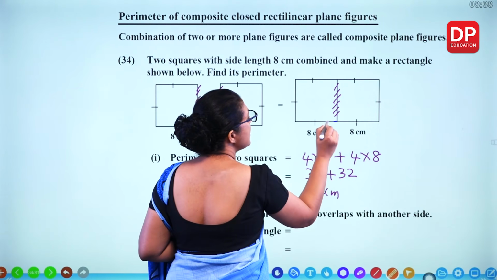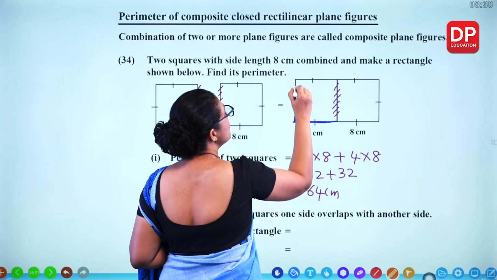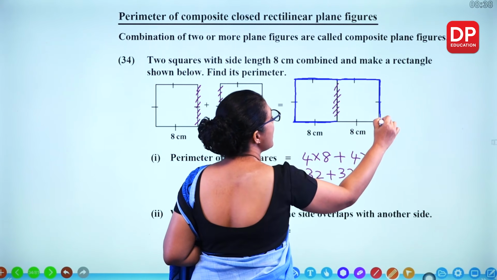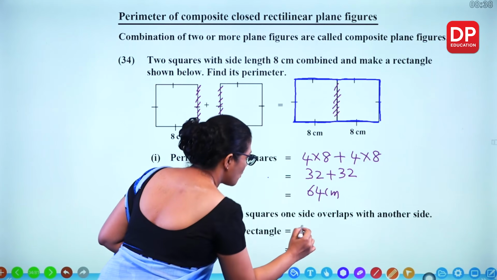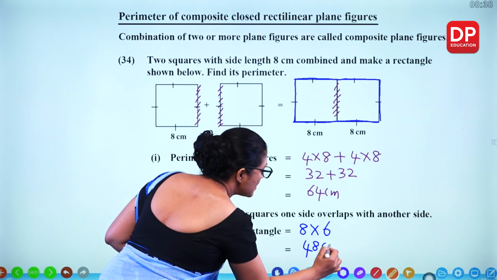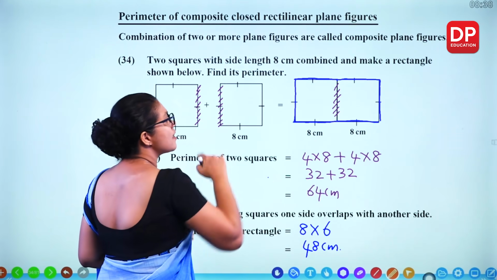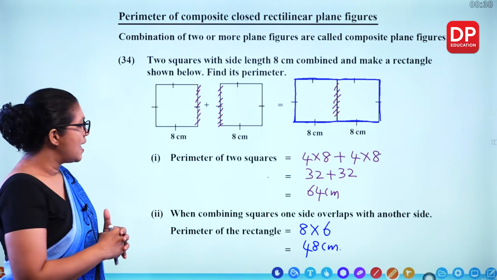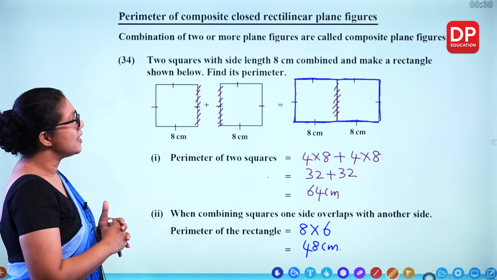So we'll see how many 8s are there. 1, 2, 3, 4, 5, 6. So 8 times 6, 48 centimeters. So the combined figure has 48 centimeter as the perimeter of that rectangle.